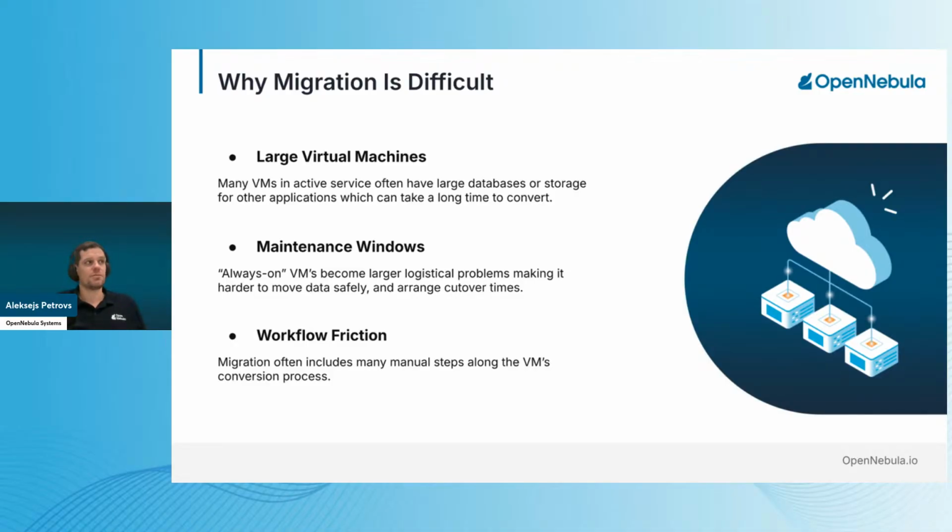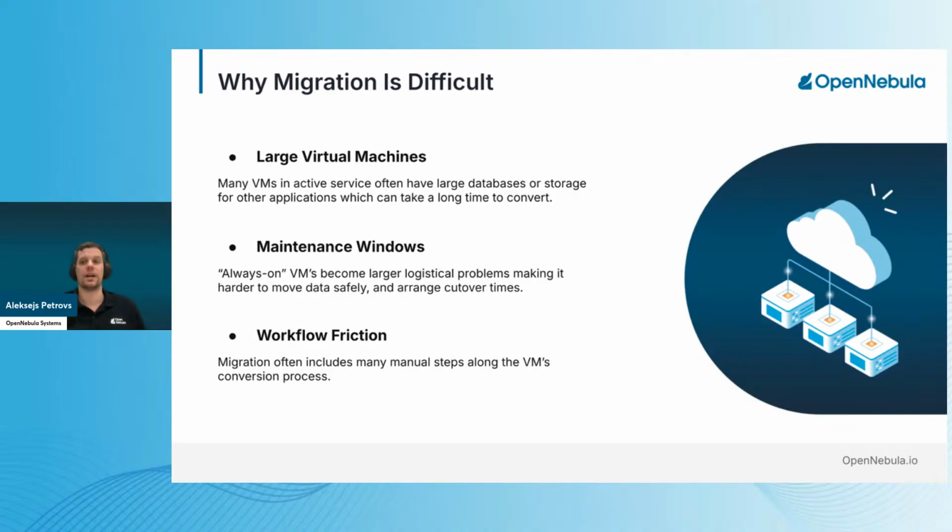And yeah, sometimes there's workload friction, right? It's not only about just hitting a button, it's about planning and execution. The planning stage should be well thought out, and you need to make sure you're carrying over everything that is necessary.